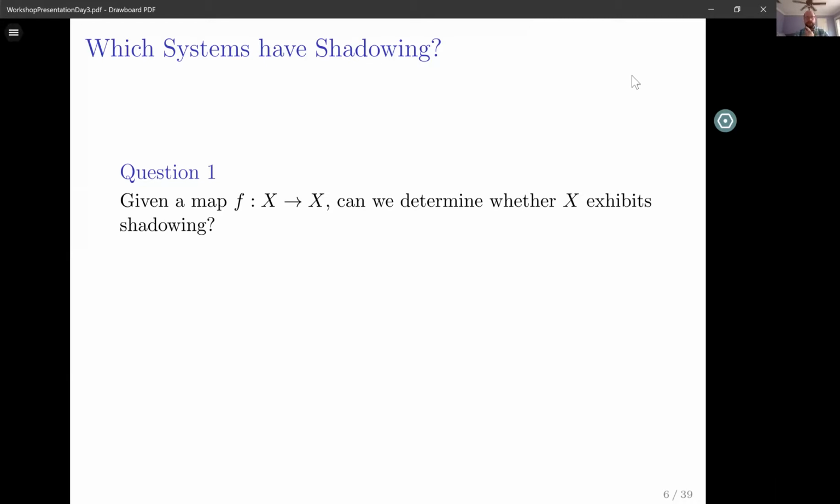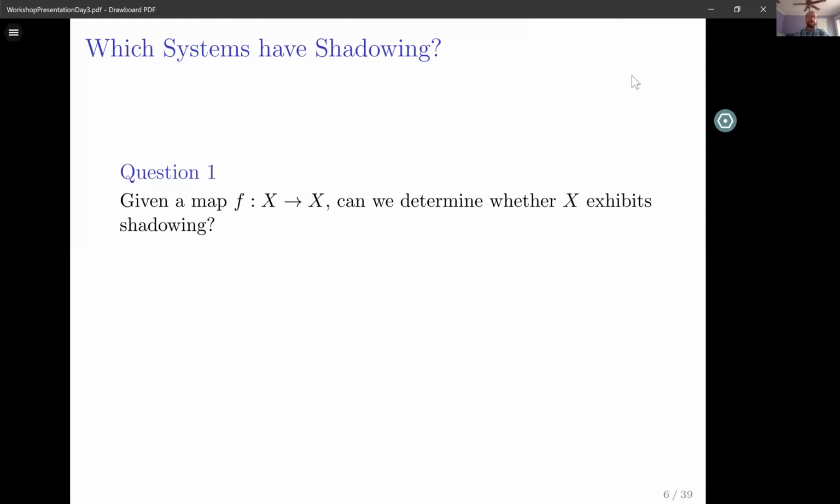The work of Coven, Kan and Yorke completely characterizes when a tent map has the shadowing property in terms of the kneading sequence of the critical point. That's a very technical result, difficult to check. Beyond that, there's not a lot. There are a lot of ad hoc methods you can use to determine if a given map has shadowing, but characterizations are few and far between.